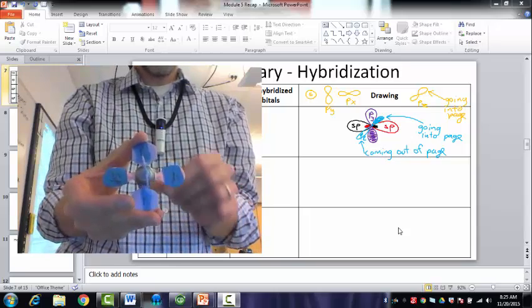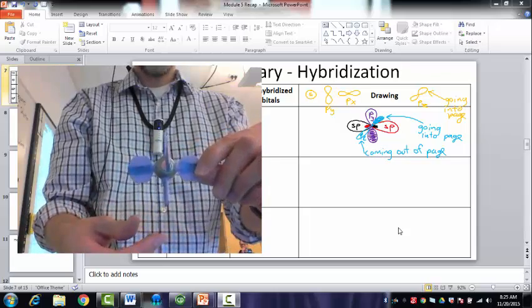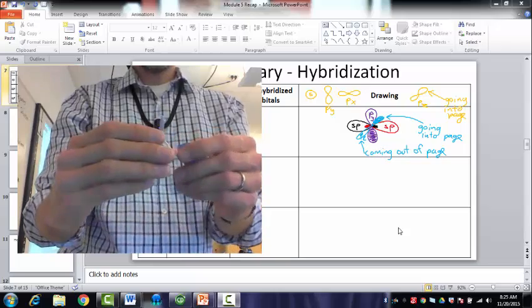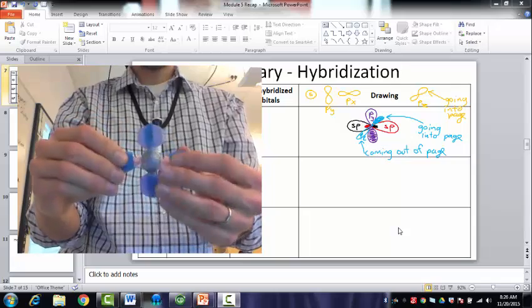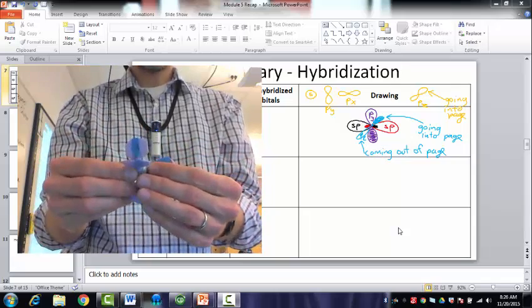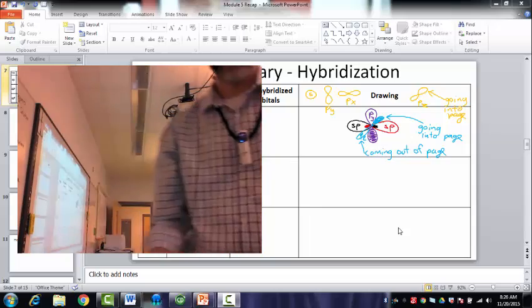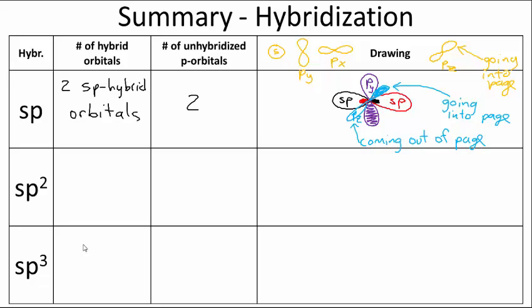And hopefully you can see that. And then the py is going towards you and away from you. If I turn the model like this, you can see that other p orbital. So we've got our sp hybrids, and then we've got our two leftover p orbitals. I'm going to pass that around.